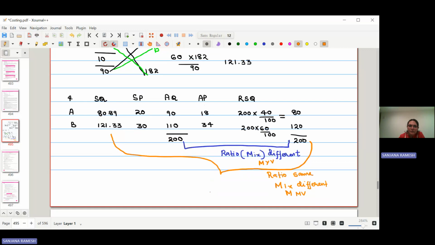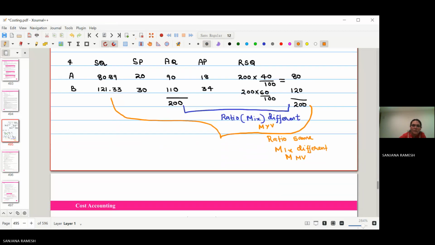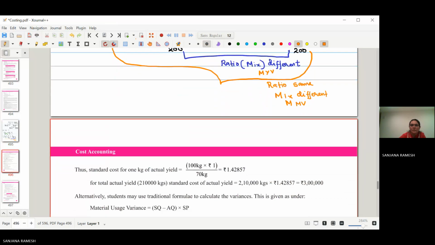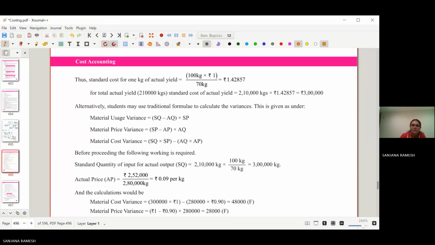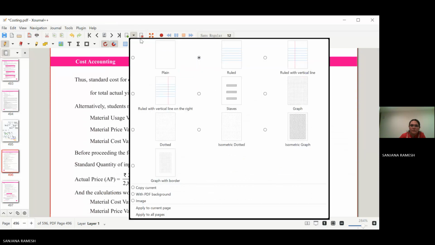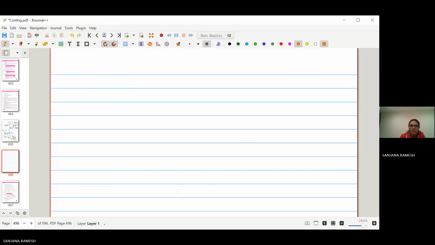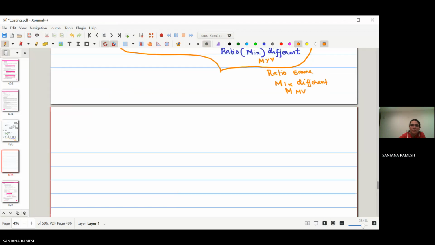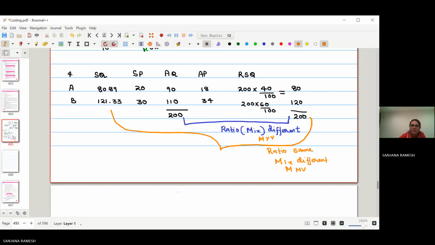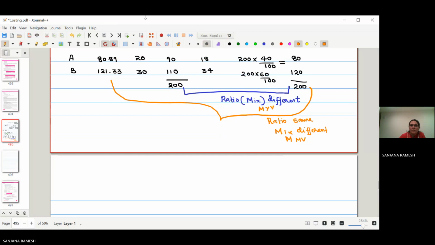So for material A, we can find each of the variances.